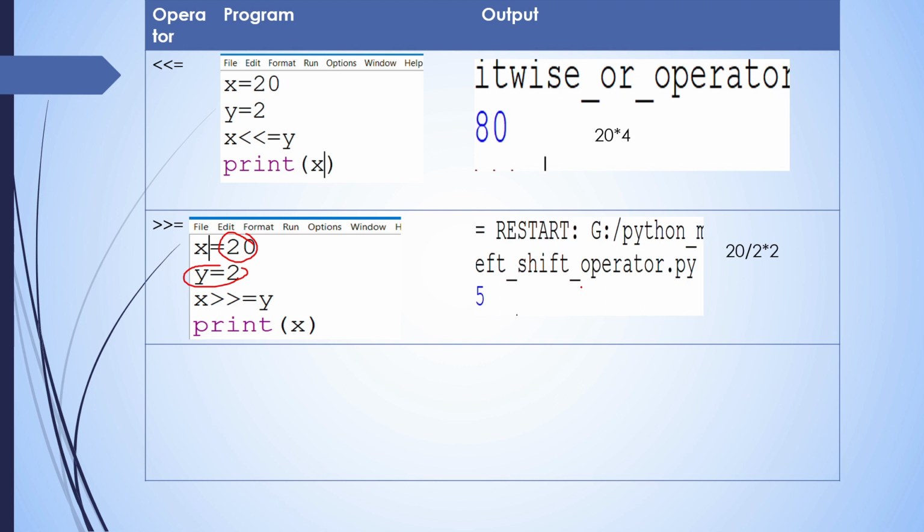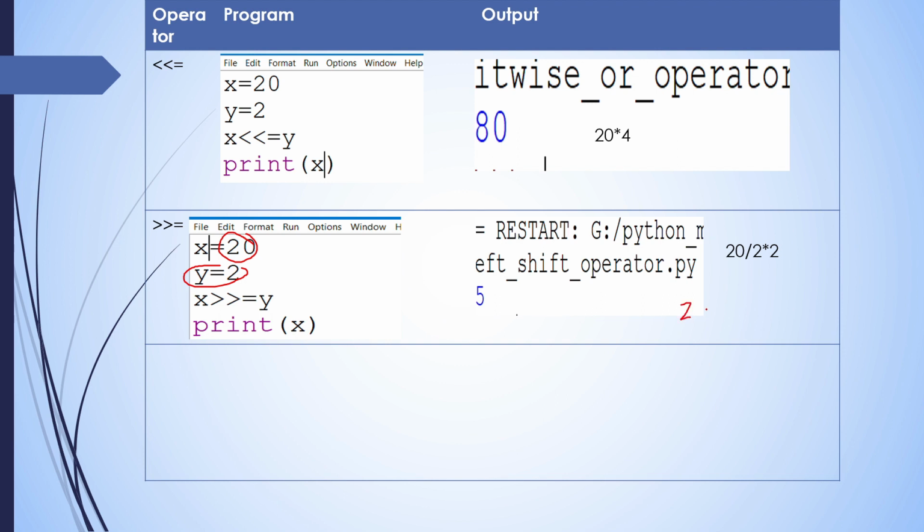For calculating this, we are going to do division. In the right shift operator, always remember we are doing division, and in the left shift operator we have done multiplication. Whatever number is given in the second variable, you have to take 2 to the power of it, and put the value in place of the power. But in the case of the right shift operator, we are going to do division.